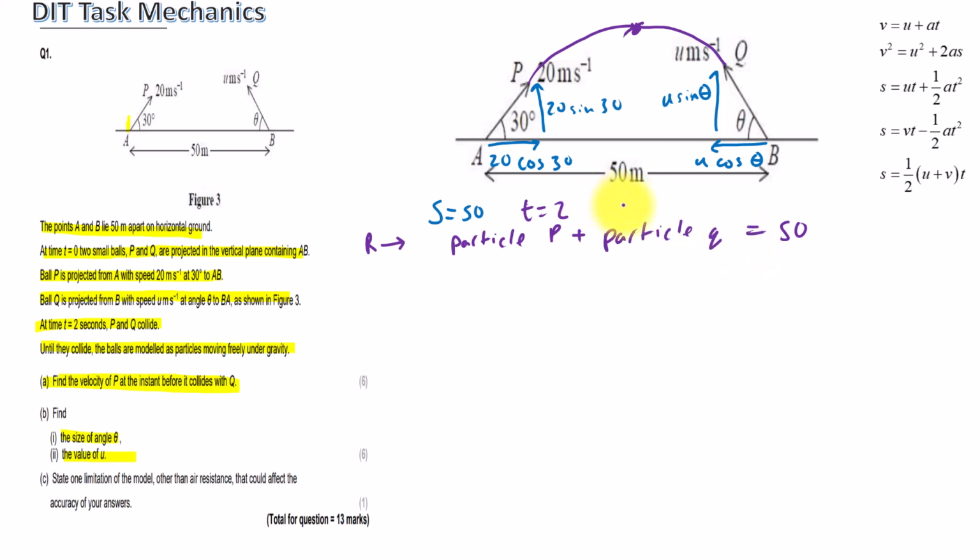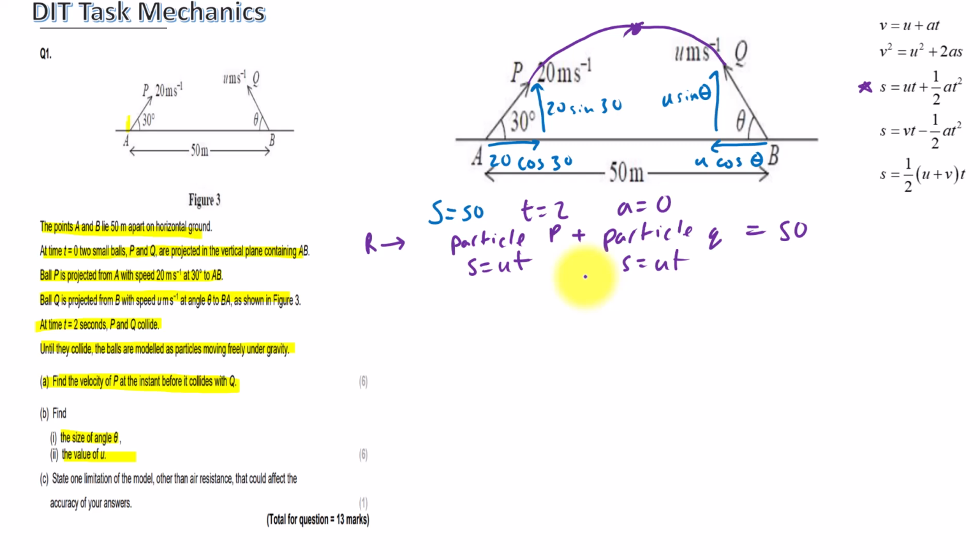Now, A equals 0 here. We just want to know how far it travels horizontally. Distance equals speed times time, but S is not speed. So this is S equals ut, because there's no acceleration, but in terms of P and Q.